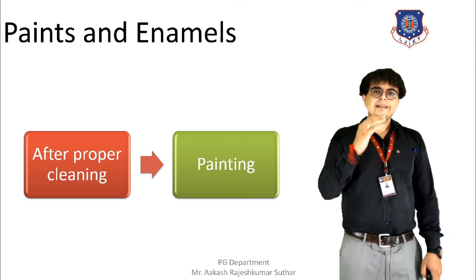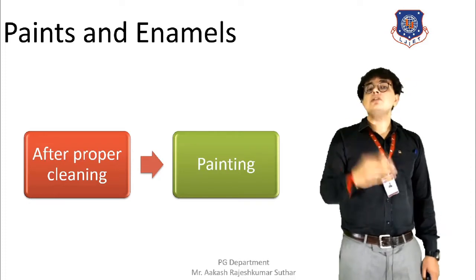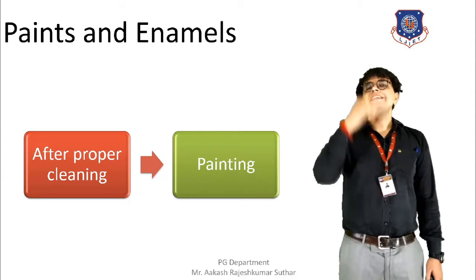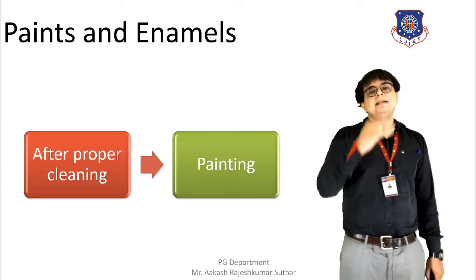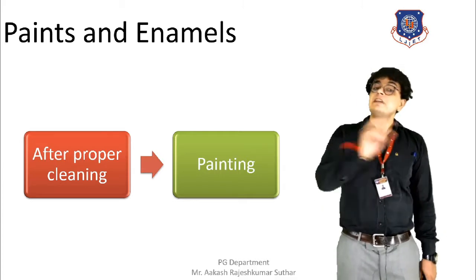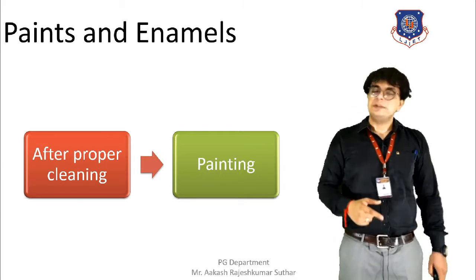Mainly, before application of the paints and enamels, first of all we need to clean the surface of the metal. Proper cleaning of the metal should be done, and only after that should the paint be applied.